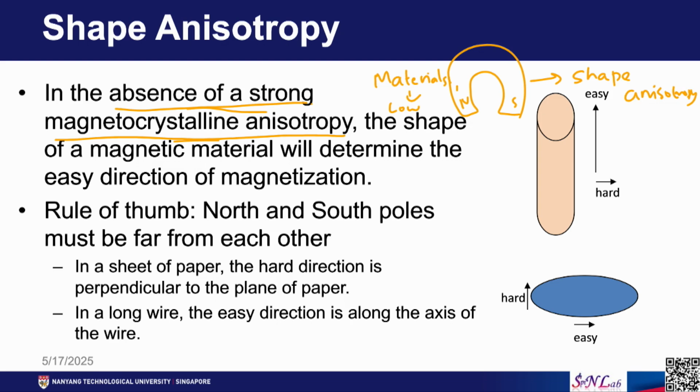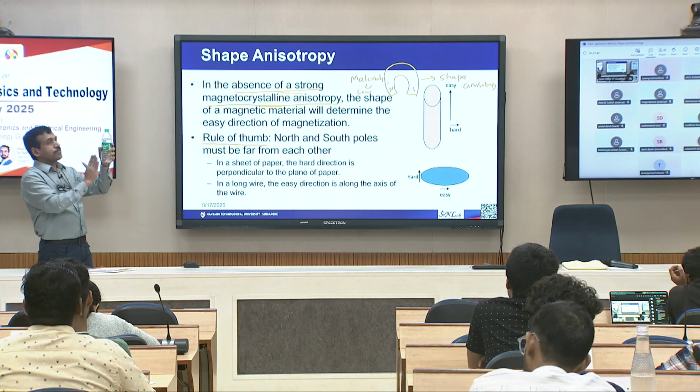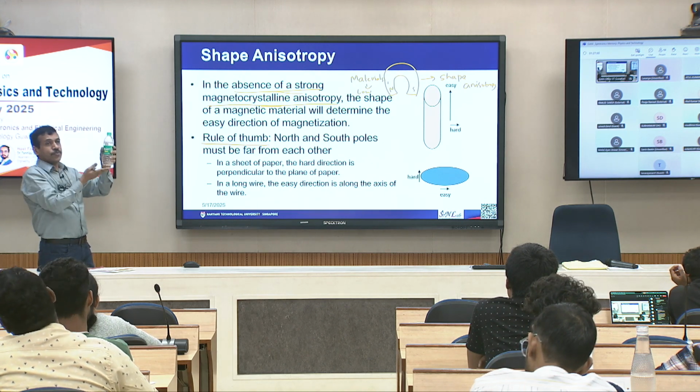Okay, so, to understand shape anisotropy, let us follow this rule of thumb. For example, let us say I have a magnet which looks like this bottle. I magnetize along this direction. So, let us say we have a north pole here and south pole here.